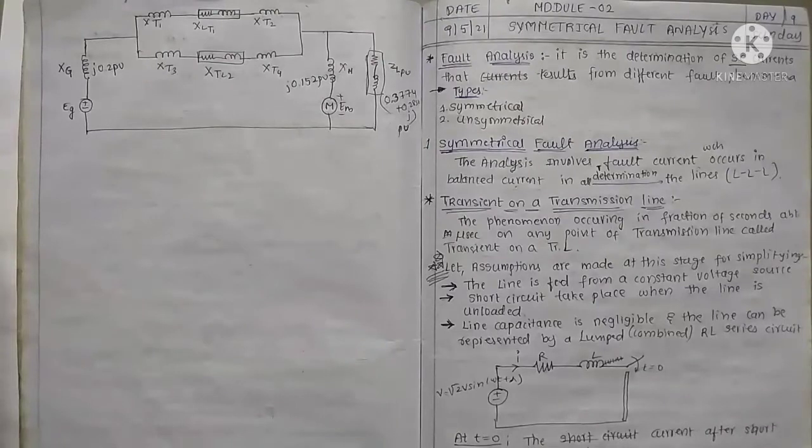There are two types of faults. We generally classify them as unsymmetrical faults and symmetrical faults. A symmetrical fault is a fault which, when it occurs in all three-phase lines, gives balanced current.